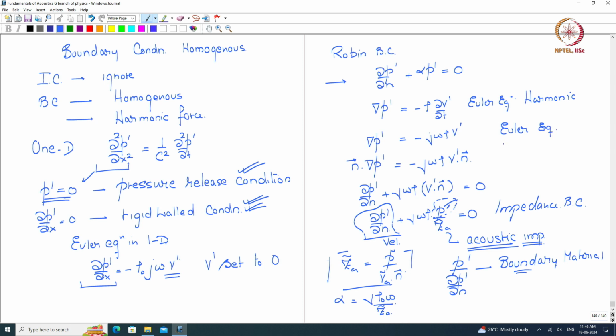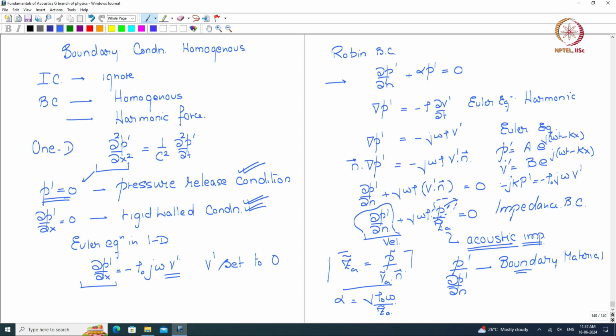If pressure is of the form A e^{j(ωt-kx)} and velocity is some other B e^{j(ωt-kx)}, then ∂p/∂x becomes -jk p, which is equal to -ρ0 jω v'.